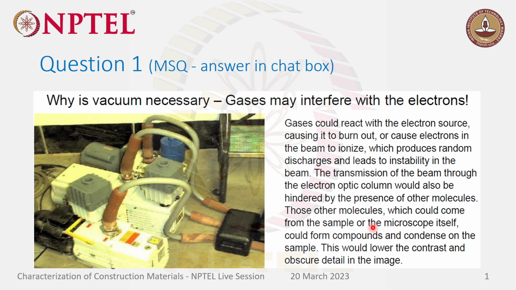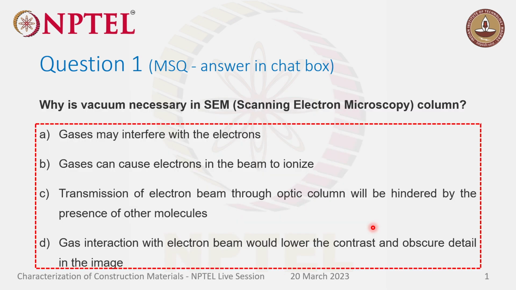In that case, contrast will be affected, and it will obscure detail in the image. So all the given options are right, not only A. What kind of gases interfere with electrons, and after interfering, what can happen is the other three options given here. So all the options given here are correct.